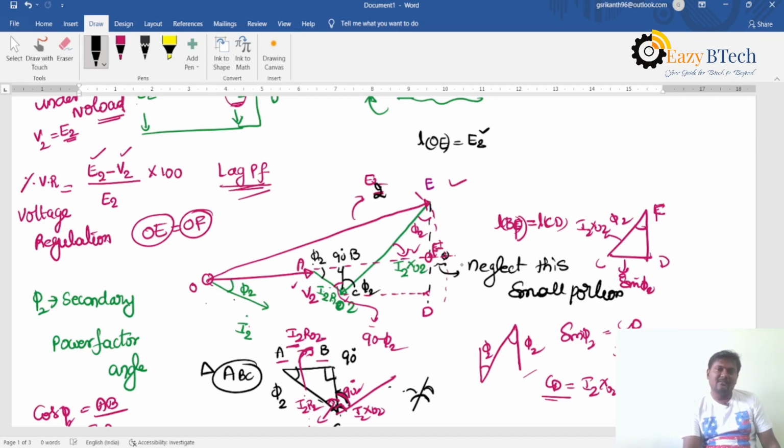Extend this line AB F line and neglect this small portion, and this angle is phi 2 and this angle is 90, and whatever the remaining angle is 90 minus phi 2. If you take this triangle, we know that the angle between I2 R02 and I2 X02 is exactly 90 degrees. From this 90 you subtract the 90 minus phi 2, then I am getting the phi 2 angle. This angle is also phi 2 using the mathematical concepts.